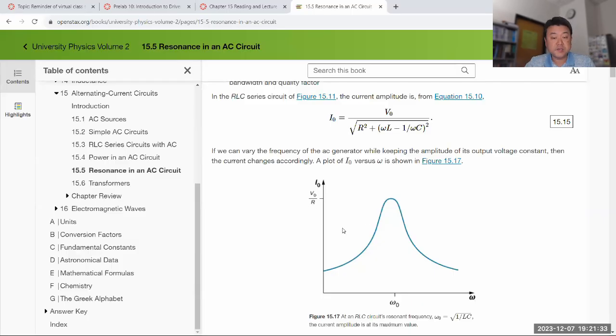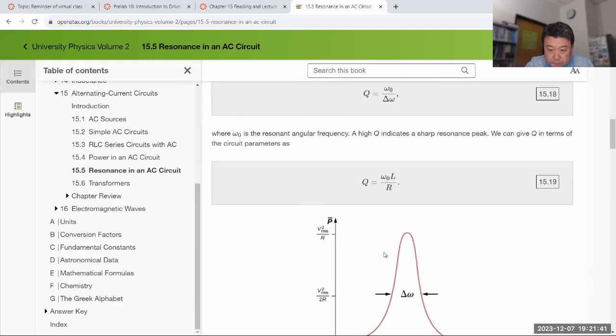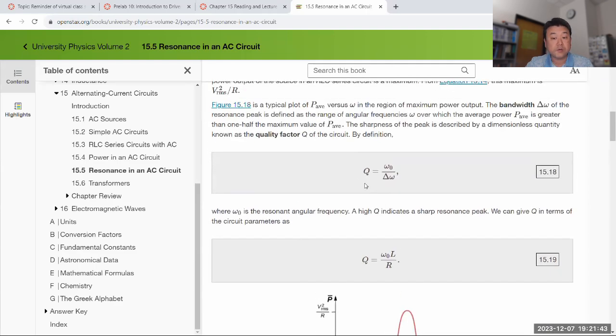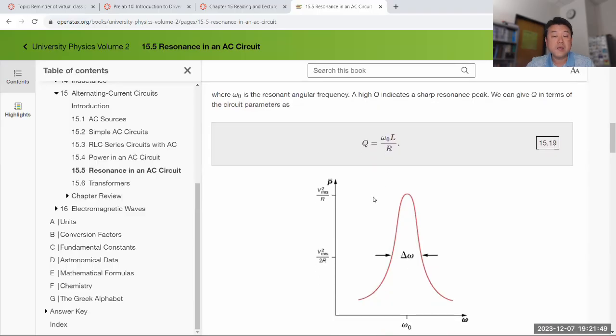And when that R is large, that makes this width broader. Yeah, they talk about the Q factor, quality factor. And you see it here. The quality factor becomes lower when the R is greater.